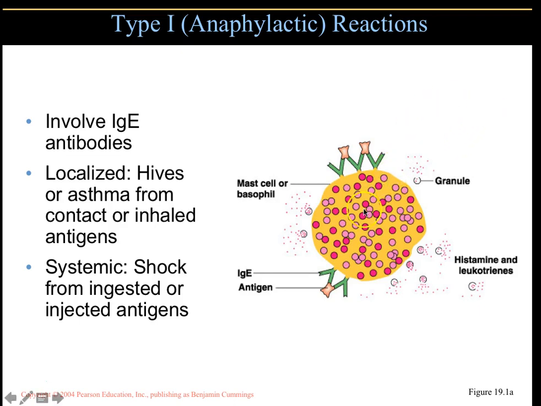Now, the histamine and a secondary one is leukotrienes. They are all about causing an inflammatory response. They are usually sequestered in the mast cell where you're not going to have a reaction because they're inside.